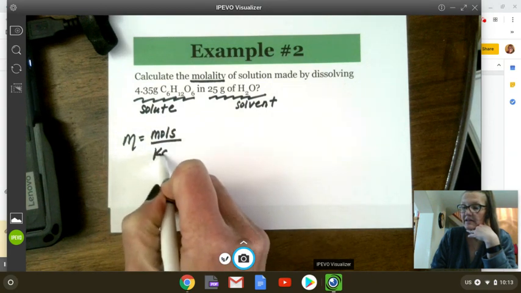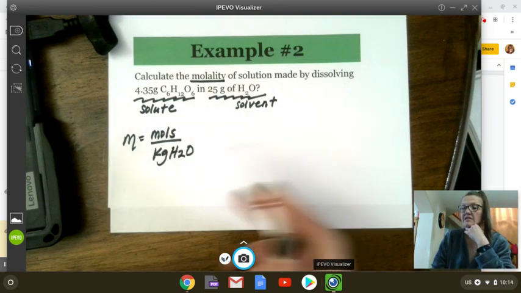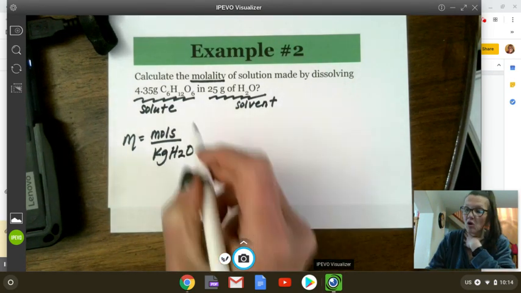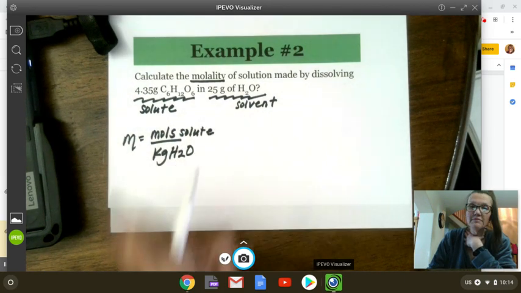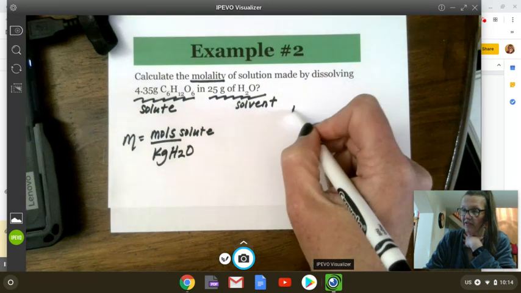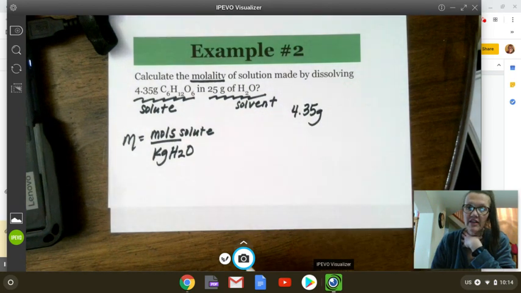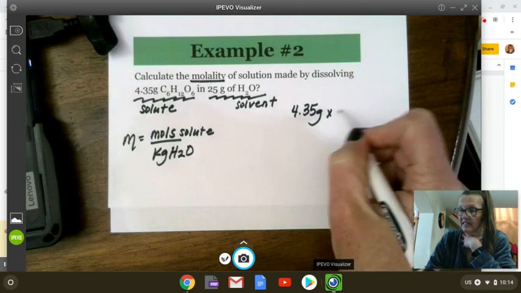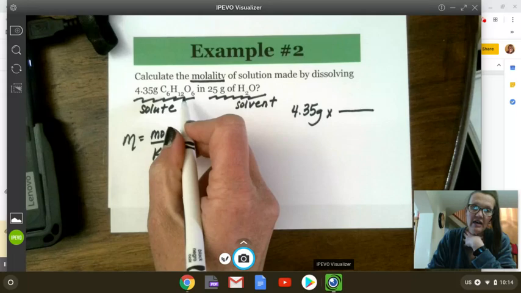over kilograms of H2O. Now notice in our problem, we don't have the moles of the solute, right? We have the grams of our solute, 4.35 grams. But can you convert that to moles? Sure you can. Very easily, you just do a little unit analysis, right? You need to know the molar mass of the glucose.